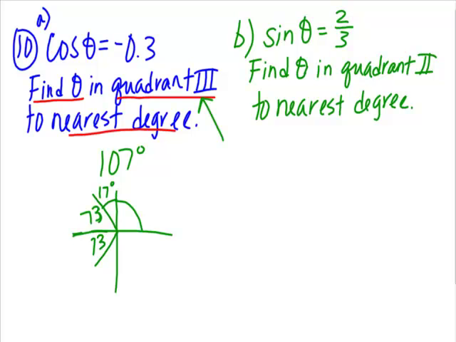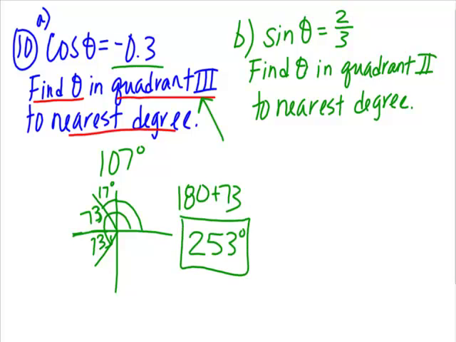So if I take 180, because it takes me 180 to get here, plus 73, I will get myself an angle that gets the job done. So 180 plus 73 is 253 degrees. And I will have a cosine that's negative because in quadrants 2 and 3 my x values are negative. So this guy works.